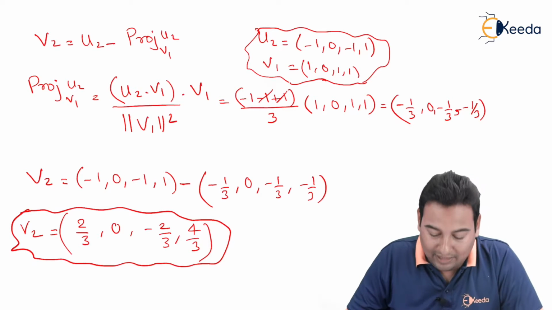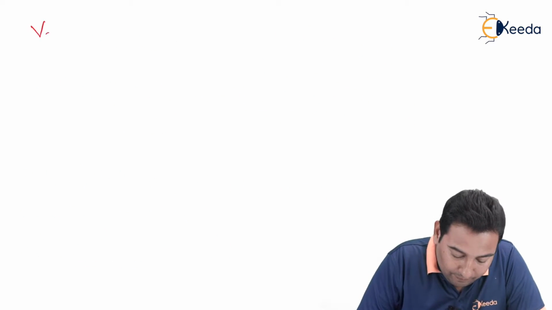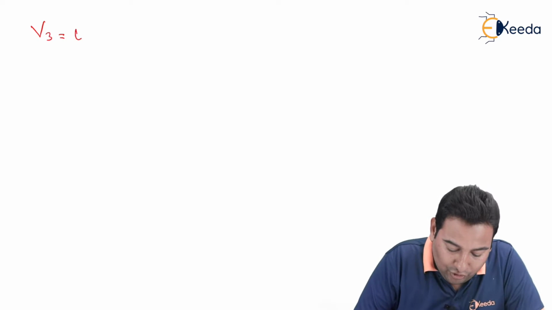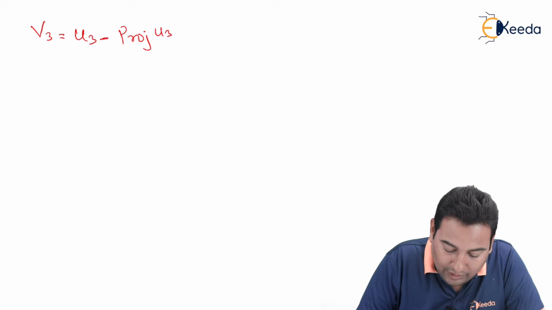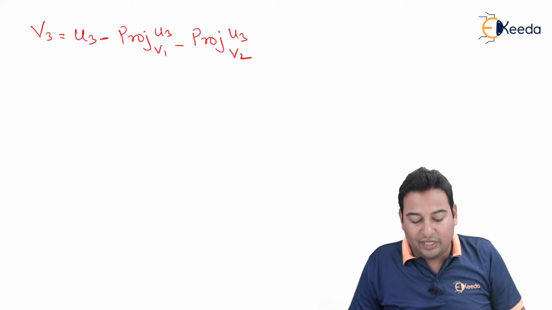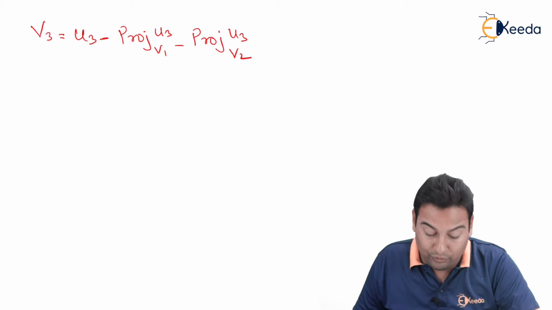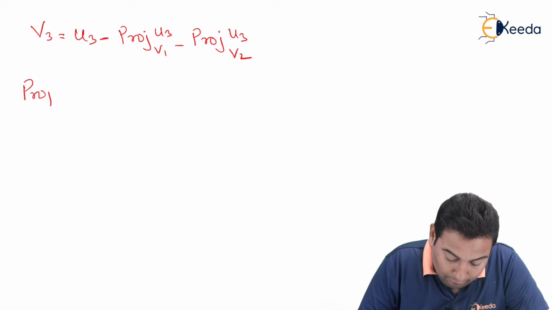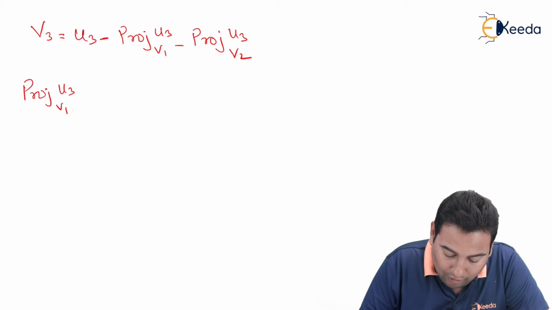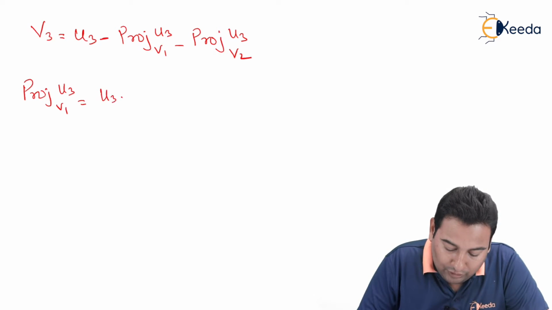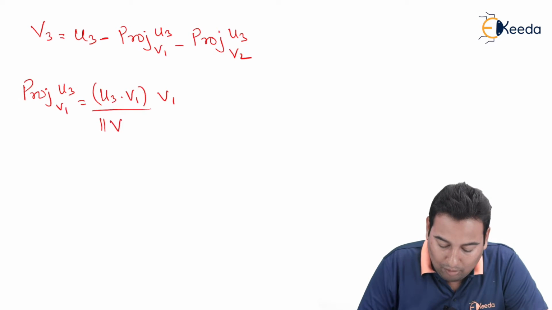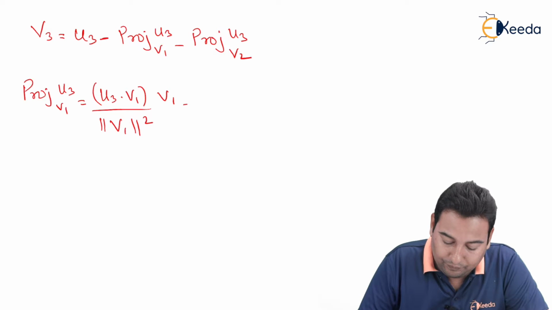Let's find the last, that is v3, which is u3 minus the projection of u3 on v1 and the projection of u3 on v2. We need to find these two values. First is the projection of u3 on v1, which is u3 dot v1 upon norm of v1 the whole square.